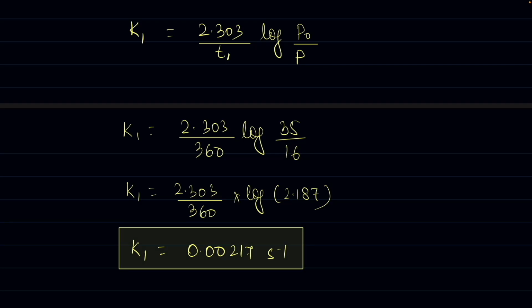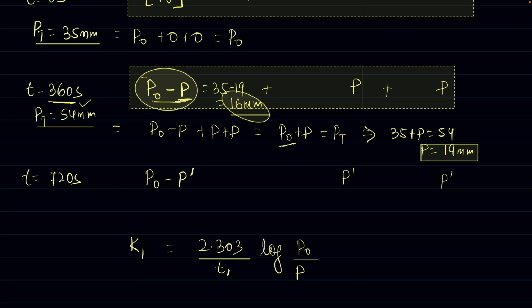Similarly, we have to find the value of K2 based on this relation. Here the total pressure when the time is 720 seconds is equal to 63 mm. The same process is repeated. Total pressure is equal to P naught minus P dash plus P dash plus P dash. This cancels, so P naught minus P dash is equal to the total pressure 63.